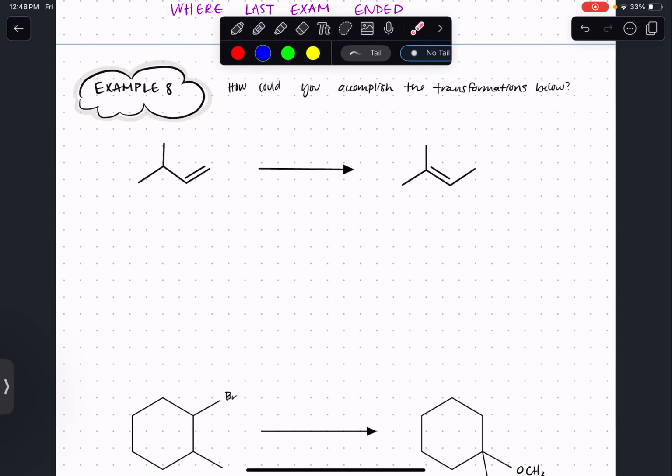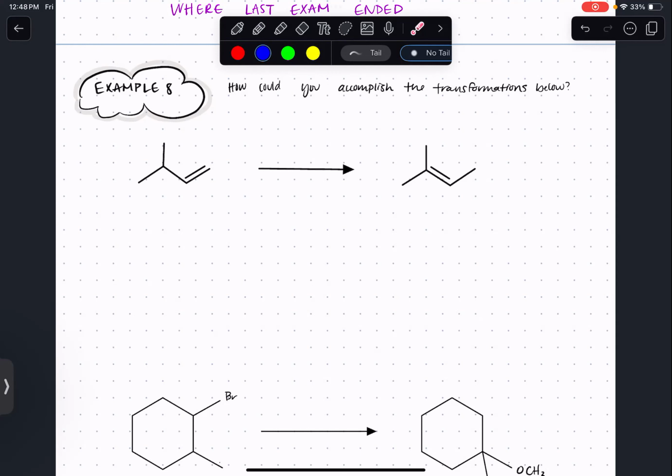So you kind of have to change your way of thinking when you look at these problems, because they are very different from anything I'm sure you guys have ever really had to do. And the way that I like to think about them is I like to look backwards. So I'll look at my product and see how could I get a product like that.